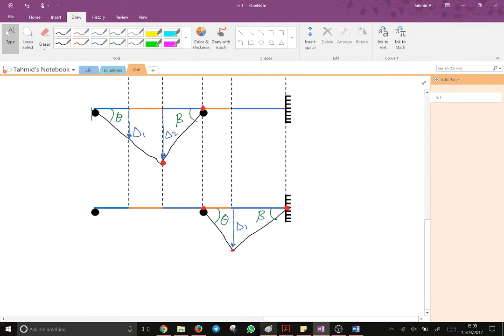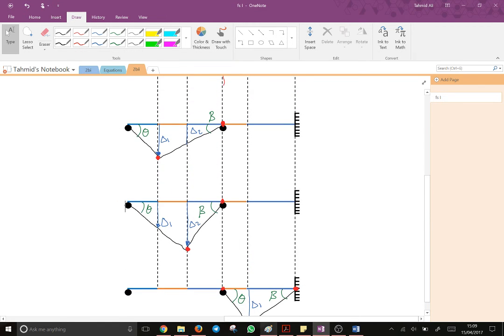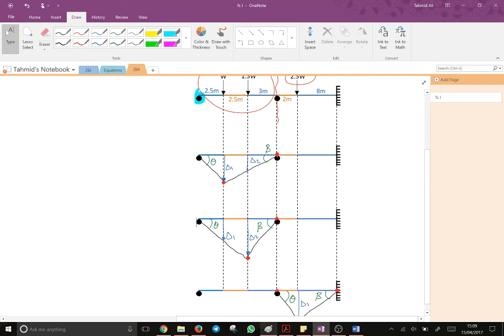Okay, and we've drawn 3 collapse mechanisms, and this will be it for this part of the video, and we'll continue doing part III in the next tutorial.